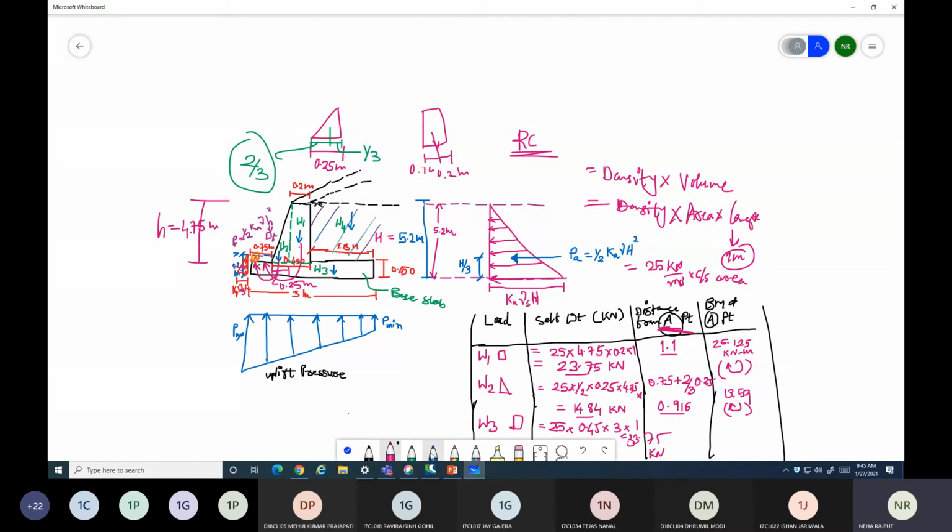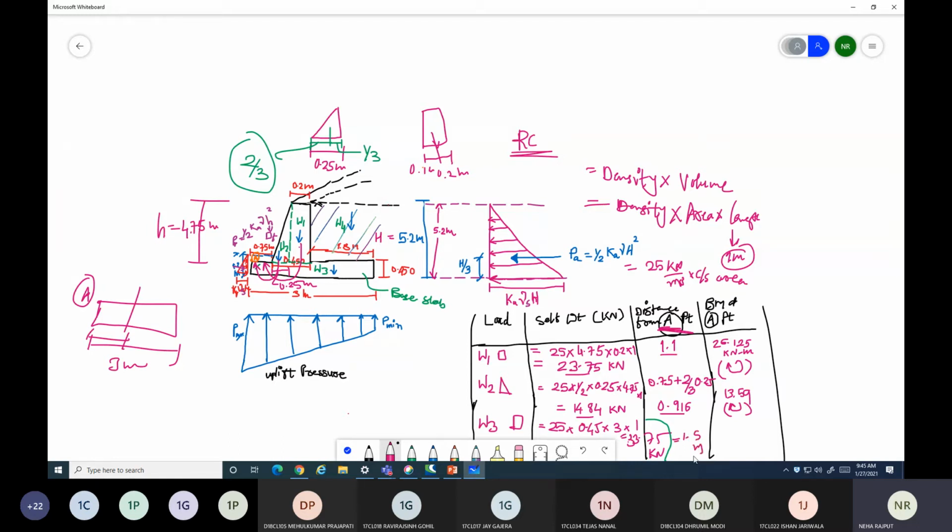And CG distance. CG distance will be from A point. This is 3 meter. This is your 3 meter. Right, and you are finding all the calculation at this point. So CG distance will be at 1.5 meter. So this is directly 1.5 meter.